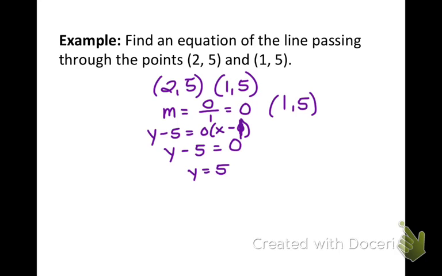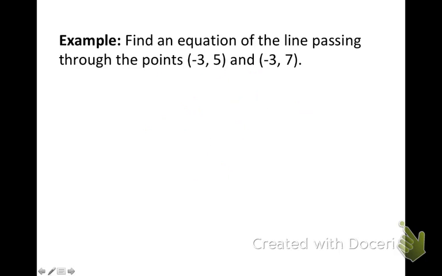It's a little bit trickier, because you can still plug into the point slope form with a slope of 0 and end up with your equation. When it's undefined, you're not able to do that. So let's do (-3, 5) and (-3, 7).